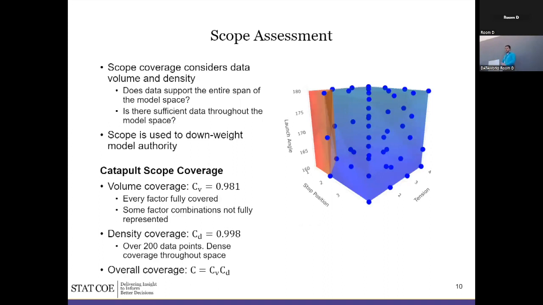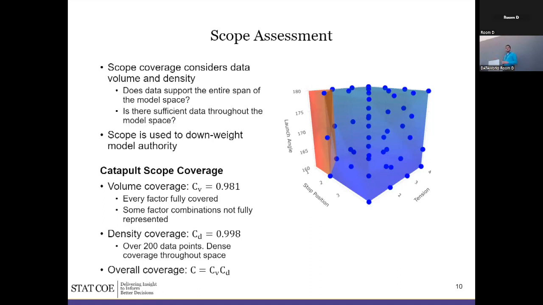Okay, we started at the level of authority of our data. We decremented for fidelity. Now we need to look at scope, right? Does our model actually fit the mission scope that we're needing to assess it over? Now this considers both volume and density. This is sort of like extrapolation risk versus interpolation risk, right?